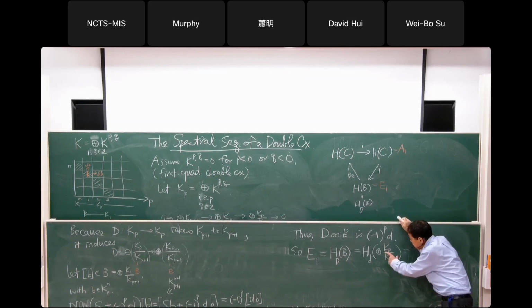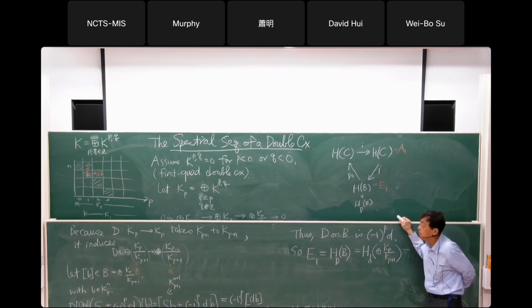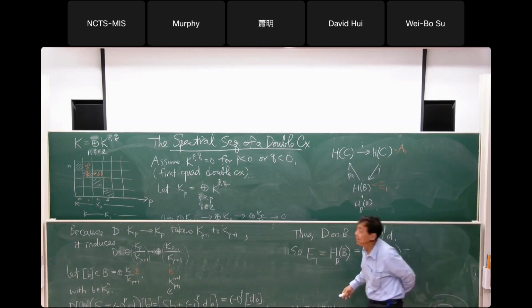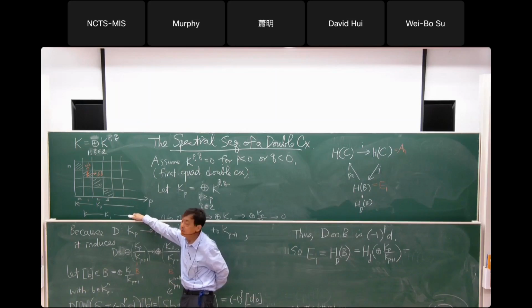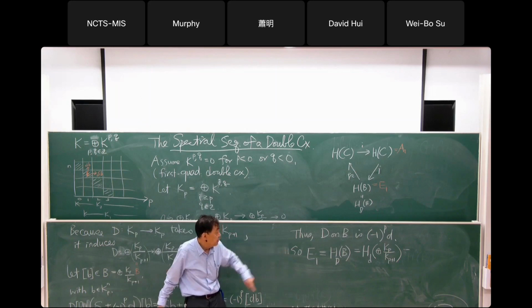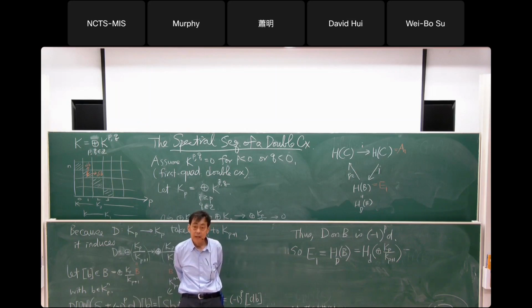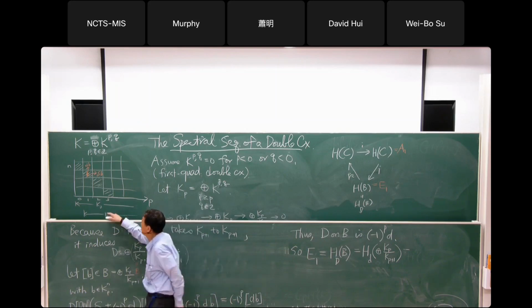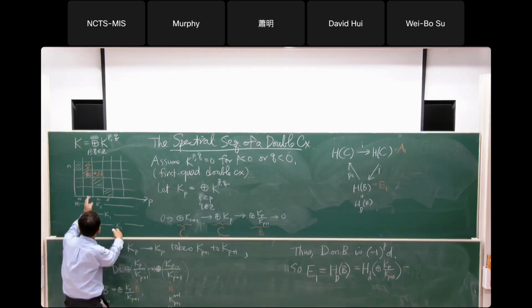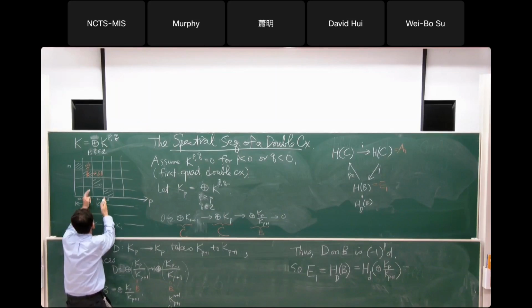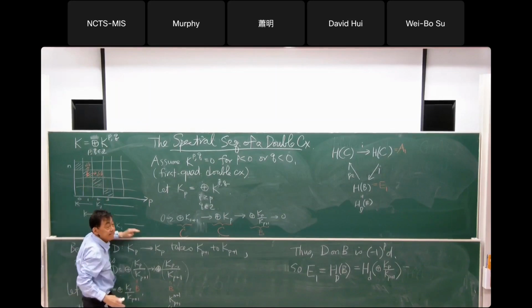How would you picture this quotient, Kp over Kp plus 1, in this double complex? It is just the pth column. So K1 over K2 is just this column.